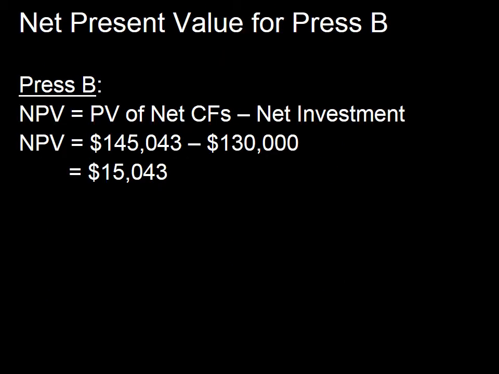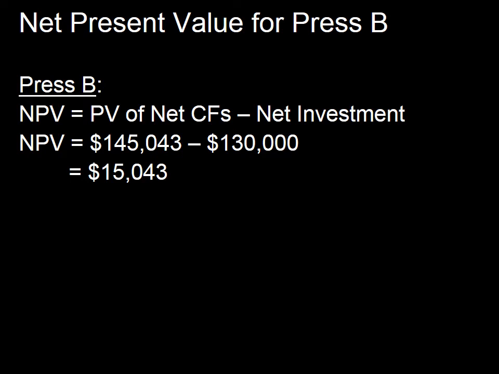That's what I have on this slide. My net present value for press B is my present value of cash flows at $145,043 minus my $130,000 net investment, leaving me a net present value of $15,043.